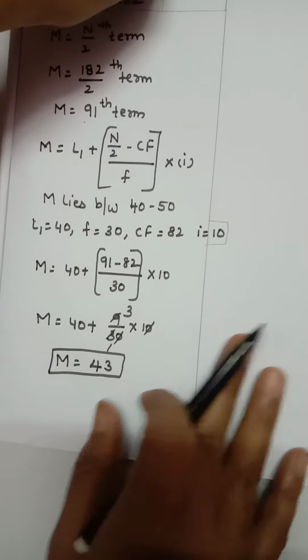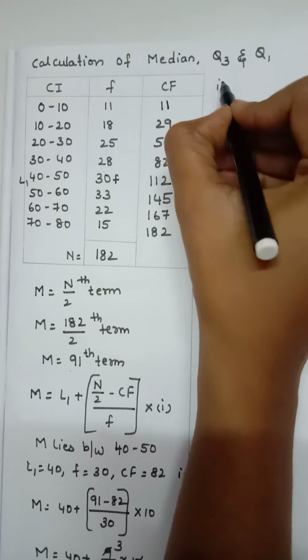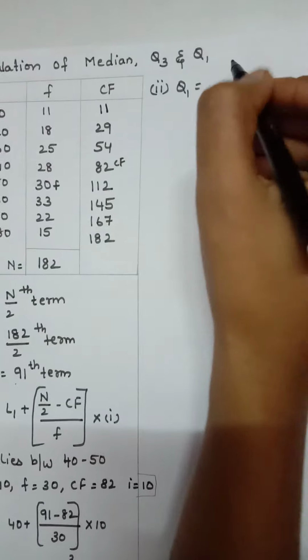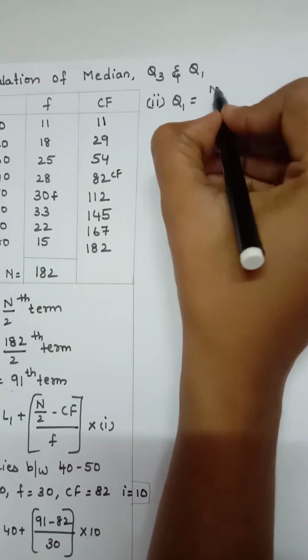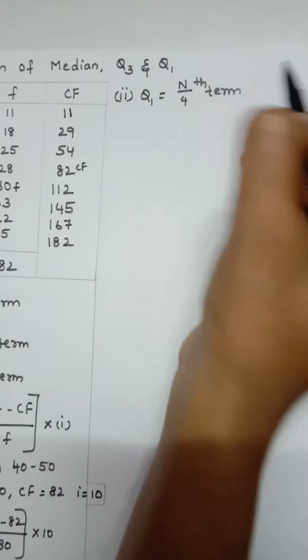Now the next ones are Q3 and Q1. Quartiles we need to find out. First we'll go to Q1, quartile 1. The formula is the n by 4 th term as per the continuous series formula.